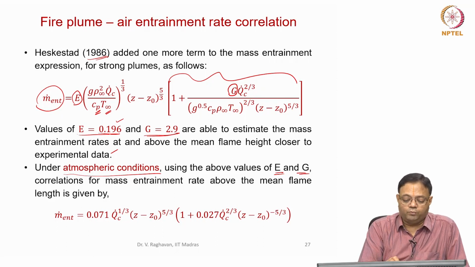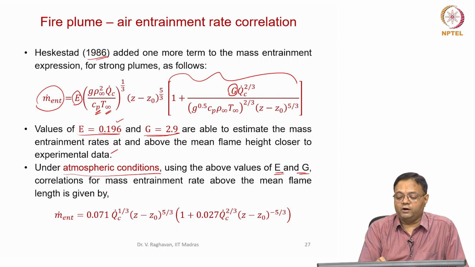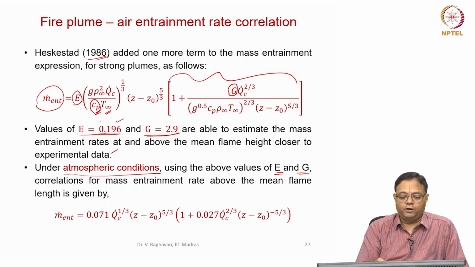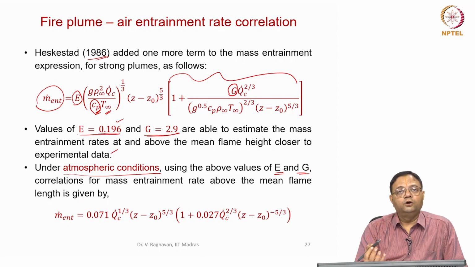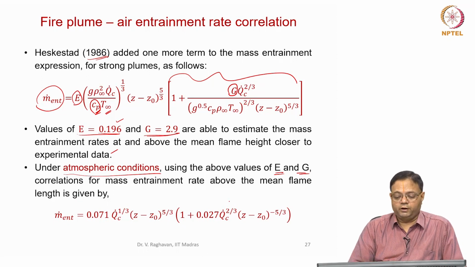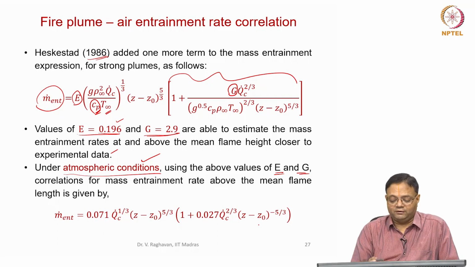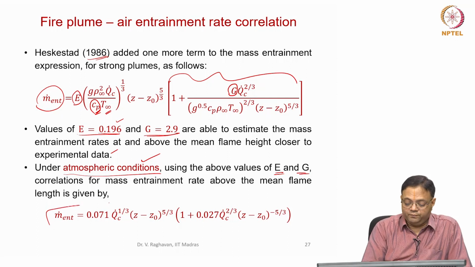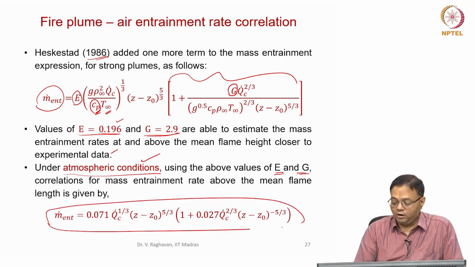So U equal to 0.196, G equal to 2.9, and a value of Cp, say maybe 1 kilojoule per kg Kelvin, T infinity 300 Kelvin or 298 Kelvin, g 9.81. Rho infinity can be say 1 kg per meter cube and so on. When you substitute these values for standard ambient conditions, this correlation can be simplified as a correlation like this.